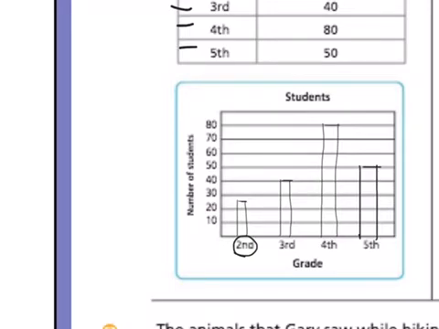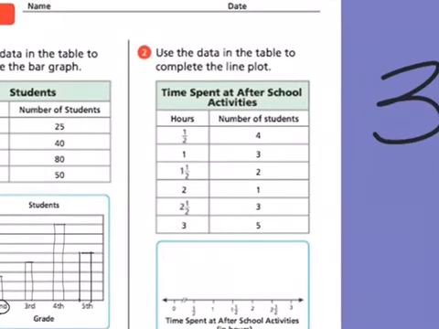Number 2 says, use the data in the table to complete the line plot. So the title is Time Spent at After-School Activities.